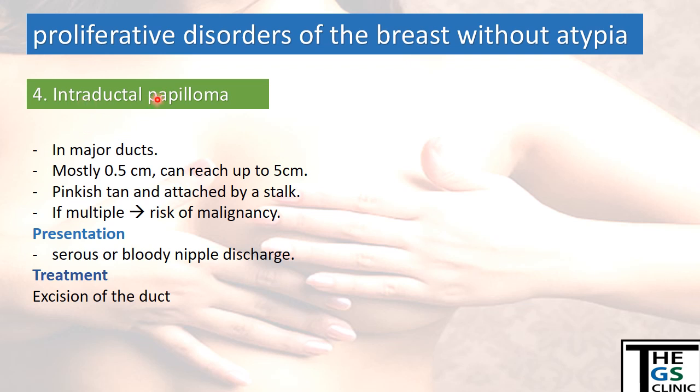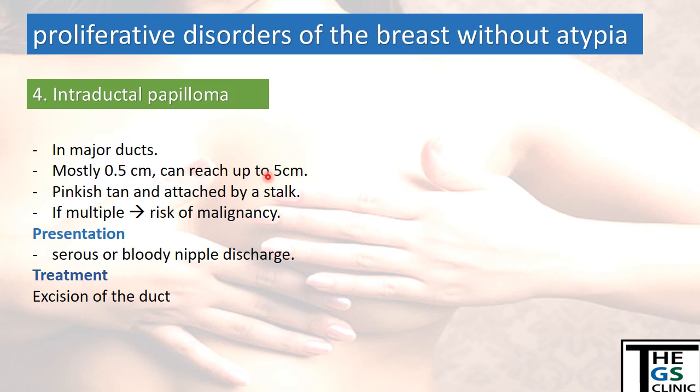Intraductal papilloma means a finger-like projection in the duct. Usually, from its name, it's a papilloma. It's a tumor, papillae-like in shape, a finger-like projection, and it usually occurs in the major ducts.